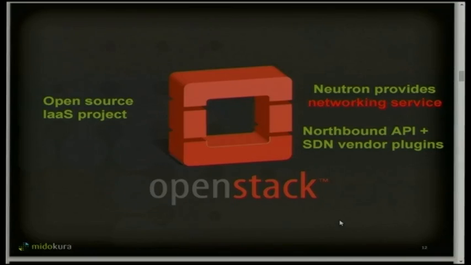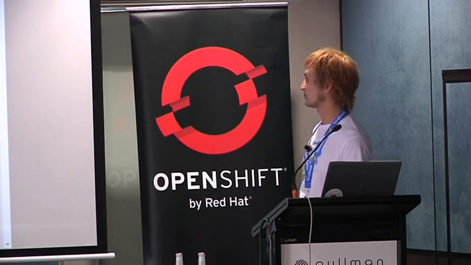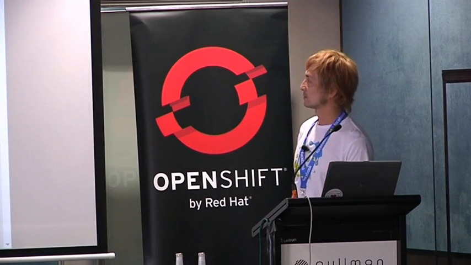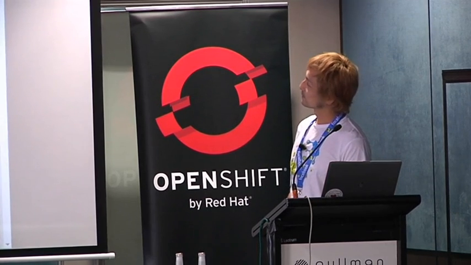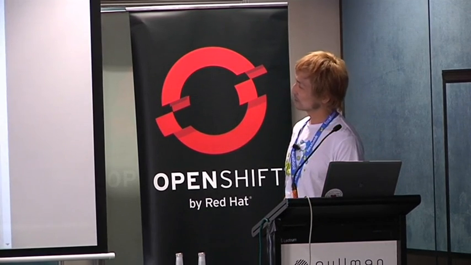First, let's look at how OpenStack and Neutron solve the problem. I guess most of you know that OpenStack is an infrastructure as a service project, and Neutron is one of its sub-projects. It provides networking services.